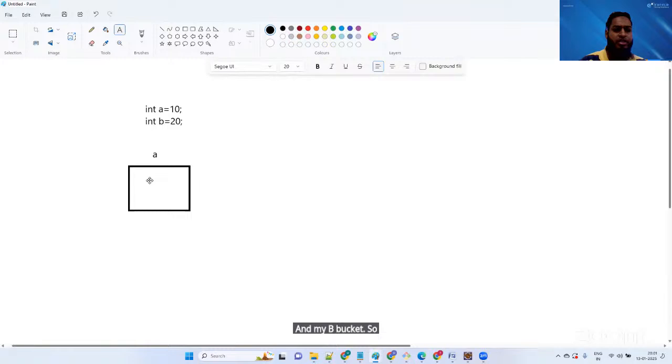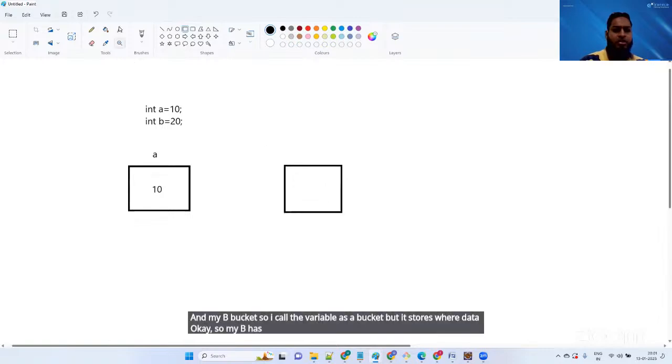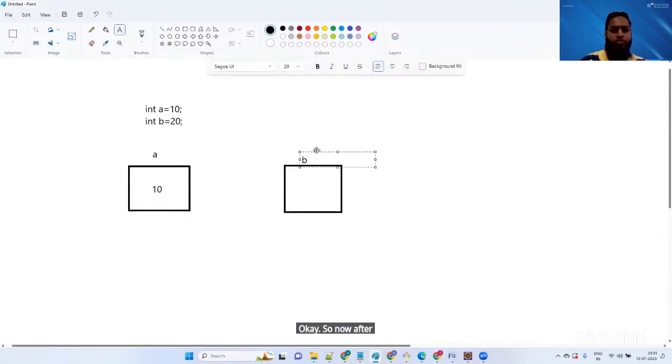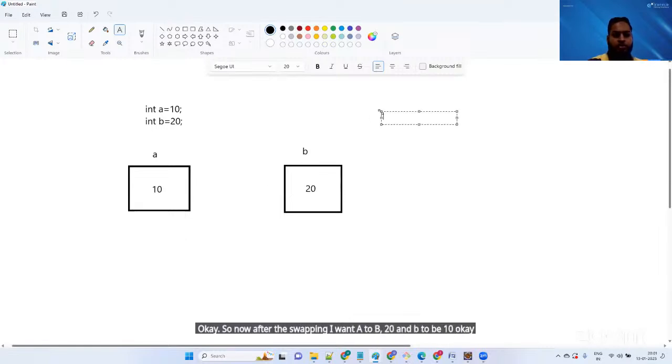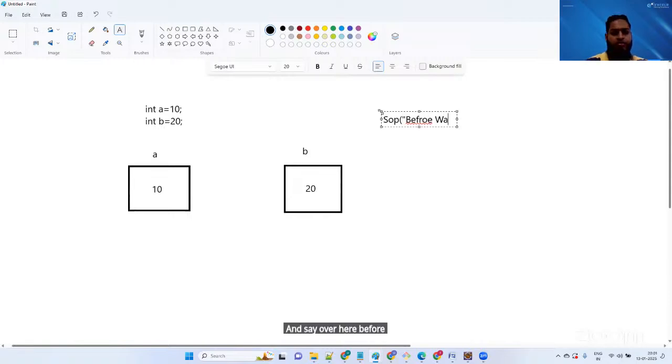I call the variable a bucket because it stores data. After the swapping, I want A to be 20 and B to be 10. If I SOP over here before swapping A and B, and then after swapping A and B, that will do it in the programming.